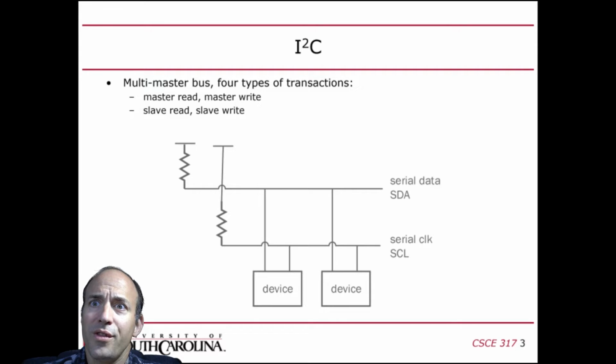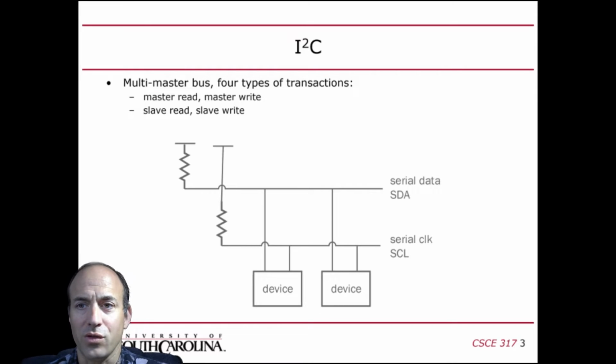So this introduces the idea that there are 4 types of transactions. From the perspective of a device on the bus, I can perform a master read or master write to any other device on the bus, or I might also have to act like a slave if another device on the bus wishes to read or write to me. So there are 4 types of transactions: a master read, a master write, a slave read, and a slave write.